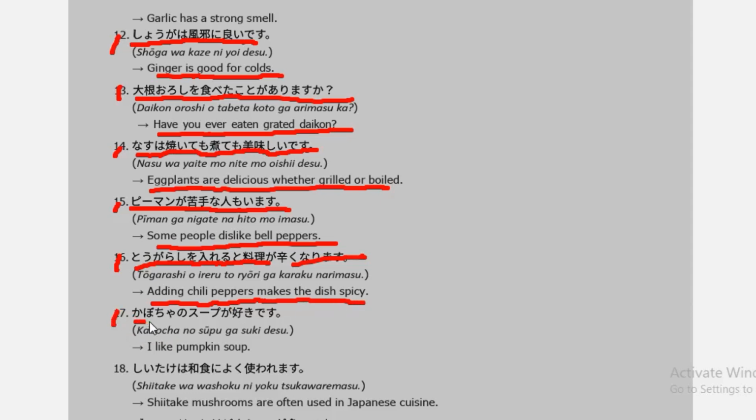The next is kabocha no suppu ga suki desu, means I like pumpkin soup. The next is shiitake wa washoku ni yoku tsukawaremasu, means shiitake mushrooms are often used in Japanese cuisine.